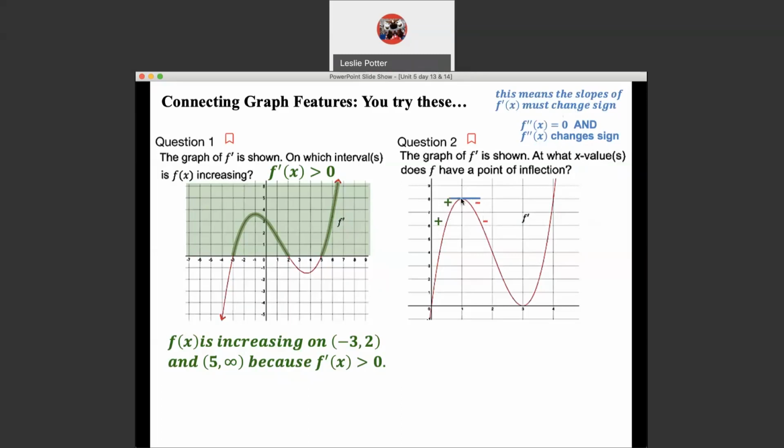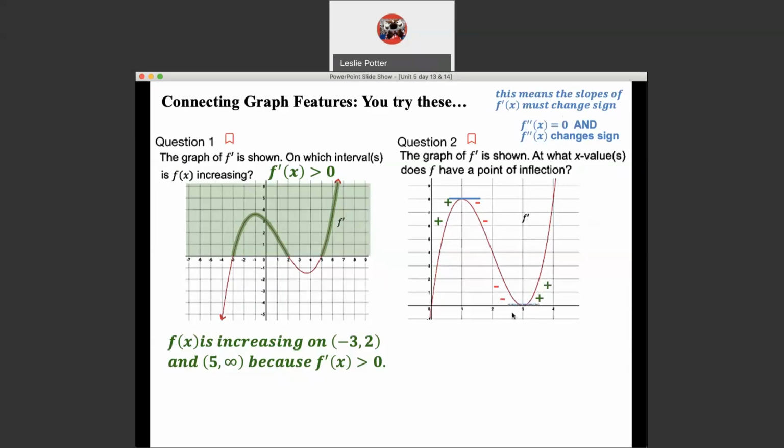Right at this location where we have a local max of the first derivative, we have a point of inflection because our slopes, which is our second derivative, change from positive to negative. And down here, we have a local min of our first derivative, another extrema.